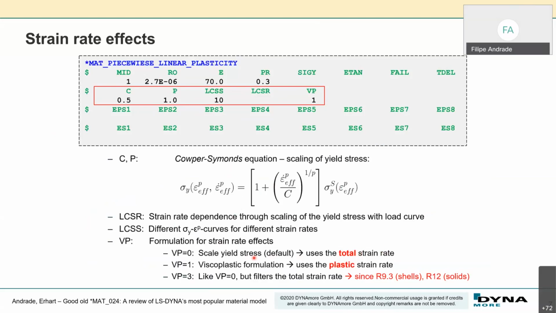Now, for metallic materials, or at least for steels, you don't really see that. You see that the plastic strain rate is actually the driving force for the strain rate dependence. So we have this other formulation, VP1, which is the viscoplastic formulation. It uses the plastic strain rate, but in order for that to work, you need to iterate.